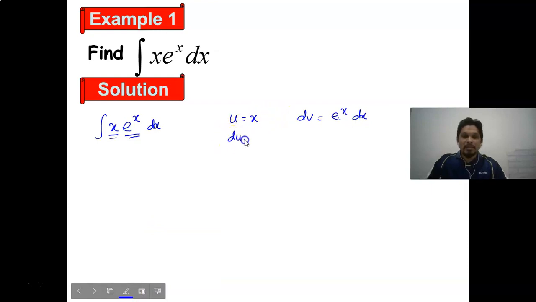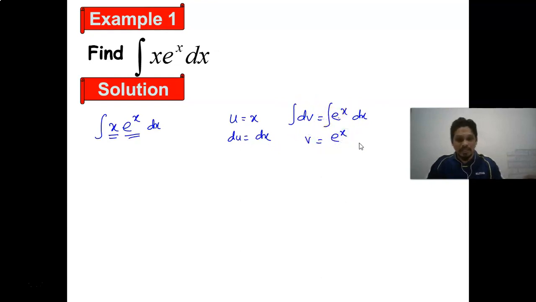Then du equals the derivative of u, differentiating x gives 1 dx, and integrating dv left and right, v equals e to the x. Then uv minus the integral of v du.